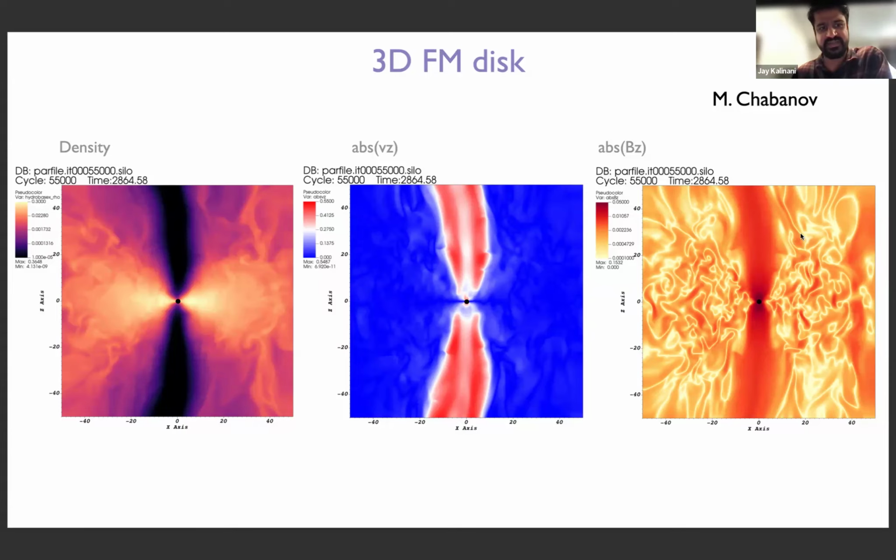As you evolve this torus around the black hole, it starts accreting, and then at some point you develop this strong outflow around the polar region, essentially a jet. And here the red in the z component of the velocity essentially means you have outflowing matter, and this is driven by the magnetic field, as you might see on the right.